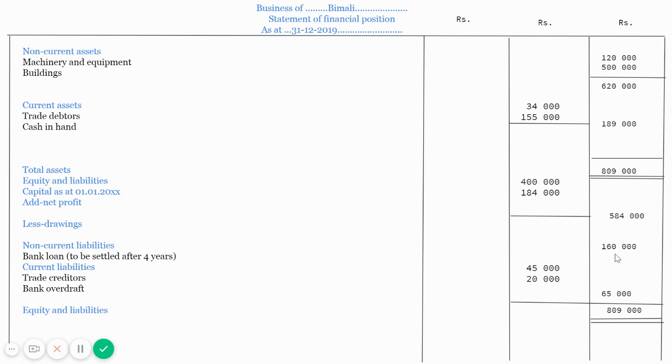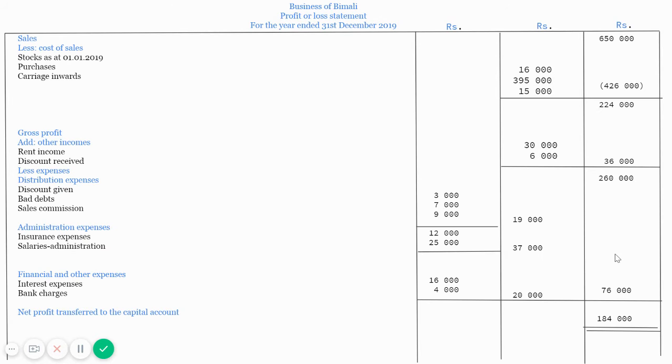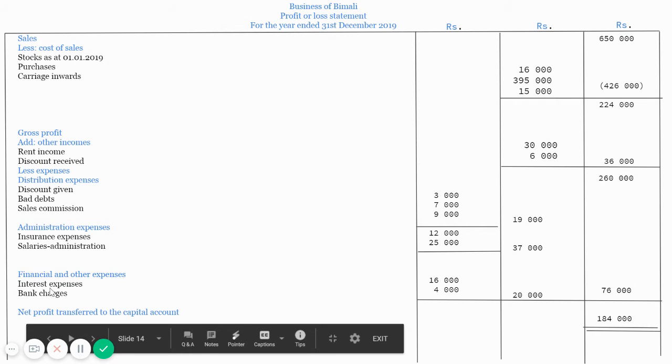Then interest expense is the other tricky one. Interest expenses, if they have been considered as a debit balance, that's an expense. It's an expense of finance. It's a financial expense. So we have to categorize it under interest expense under financial and other expenses.